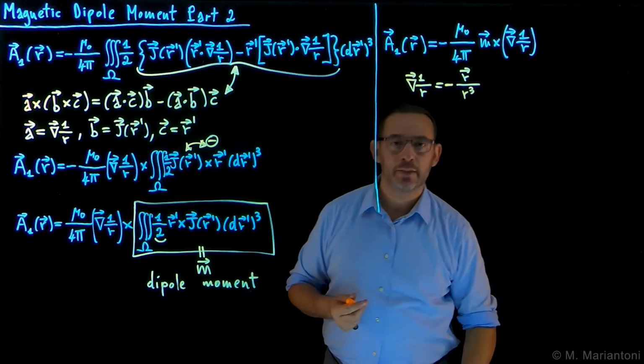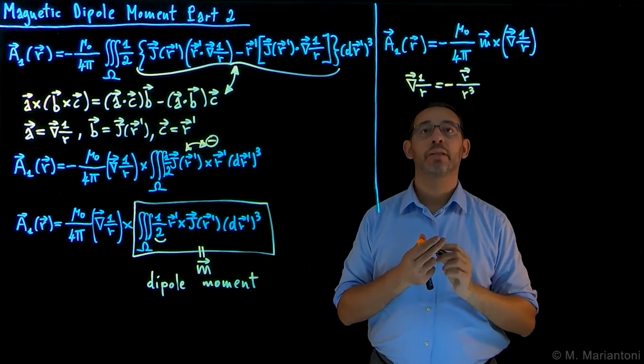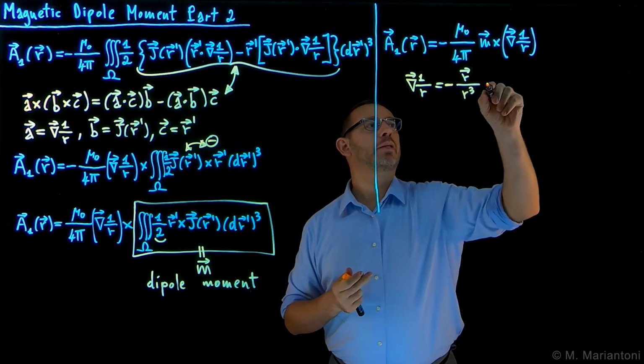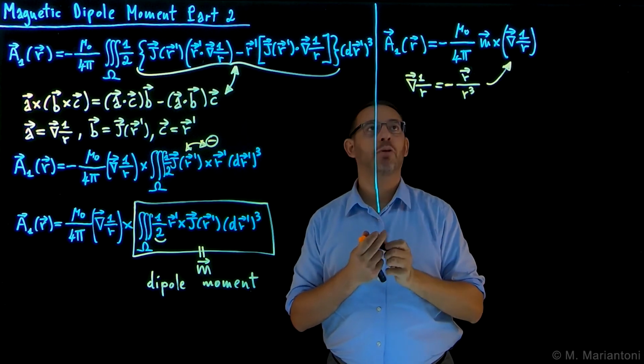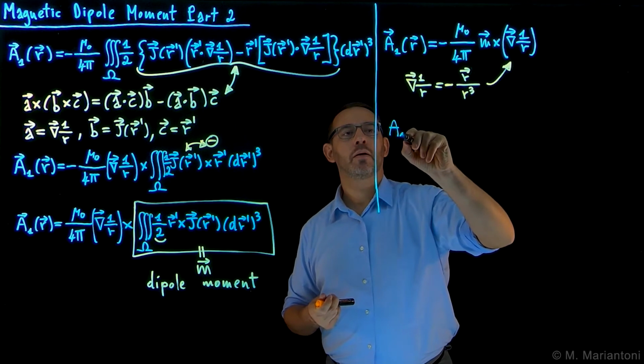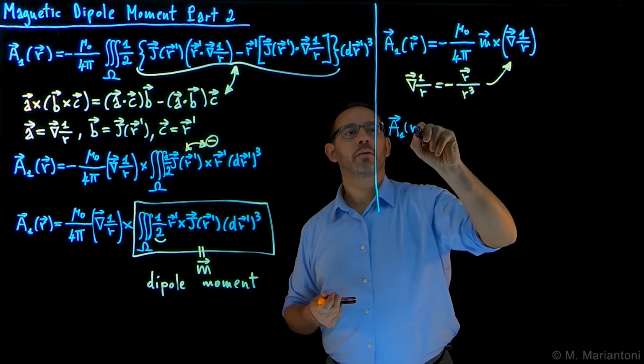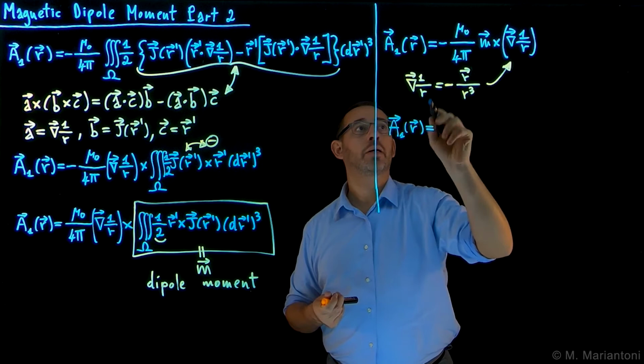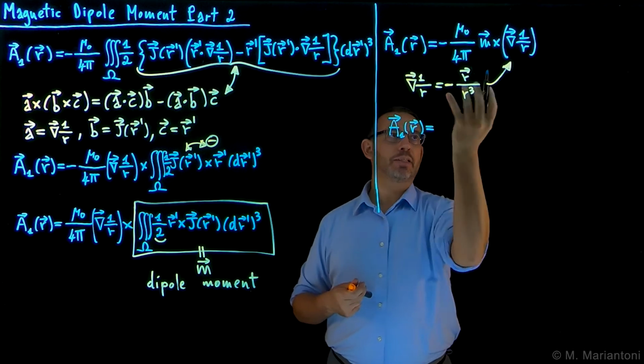So we should not forget this minus sign, which we pick up there. And so if we substitute it in here, well, then what we get? Finally, we get A1 of R equal, this minus sign cancels with this minus sign, that's why I swap them.